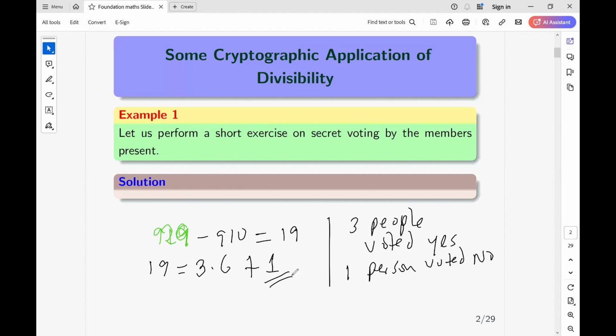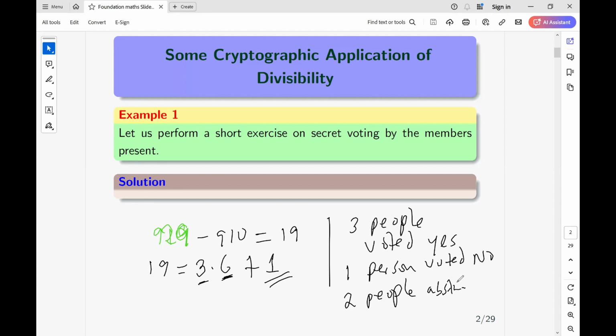And then 3 people voted yes. We were 5. That means 2 people never voted. So 2 people abstained.